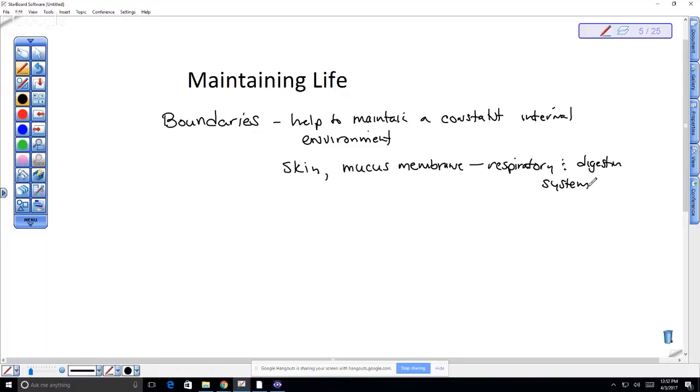We also have metabolism. Right? And so metabolism is all the chemical reactions in your body. And this could include anabolism.